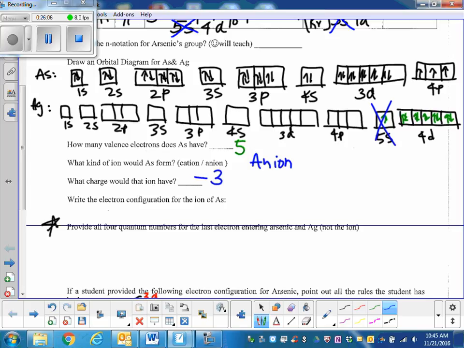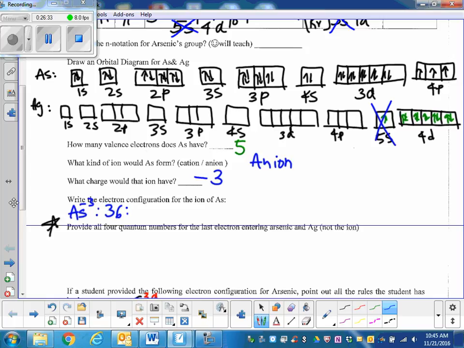All right? Now they want you to write the electron configuration of arsenic -3, which will resemble which element on the periodic table? Krypton. Yes or no? As -3 will have 36 electrons instead of 33.